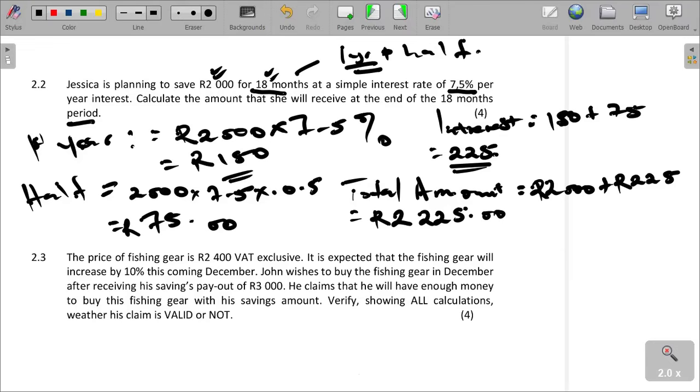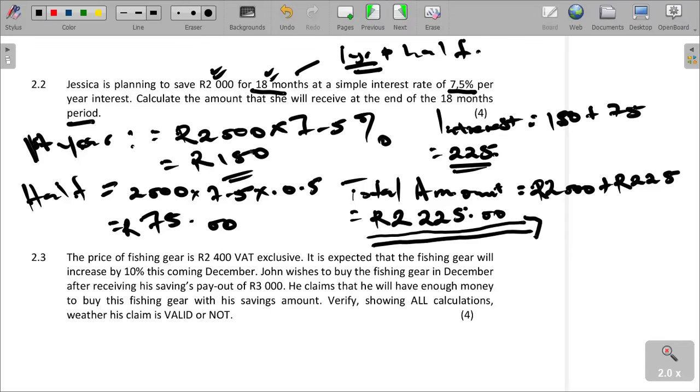So what we are supposed to understand is that the total money that she will earn at the end of the period is 2,225. This is how we calculated it.